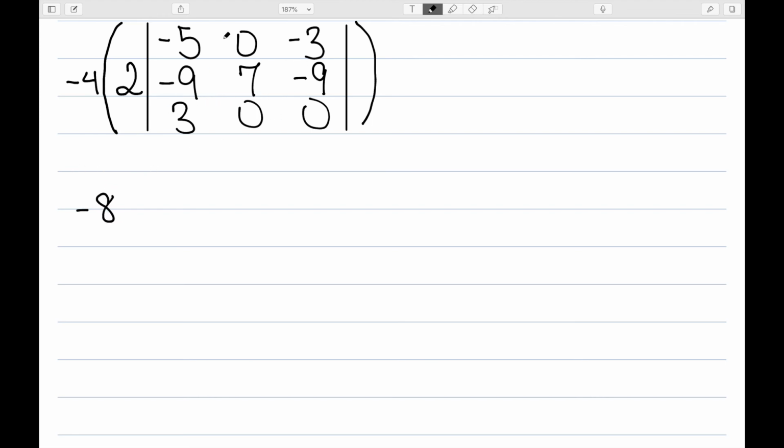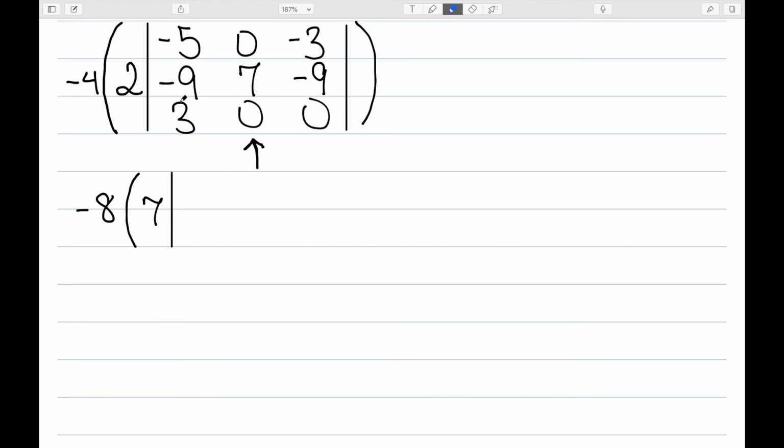Once again, we need to pick a row or a column to expand down. I did a row last time, so I'll do a column this time. And once again, this one has a lot of zeros in it. We could have also done the third row. So I have a 7, and if I look at my checkerboard, this is a plus, a minus, and a plus, so this is a +7.